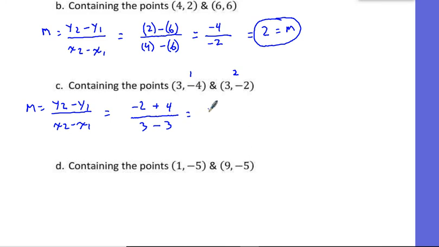Negative 2 plus 4 is positive 2. 3 minus 3 is 0. 2 divided by 0 is undefined. We can't take any number, 2 for example, and break that up into 0 groups, or groups of 0.